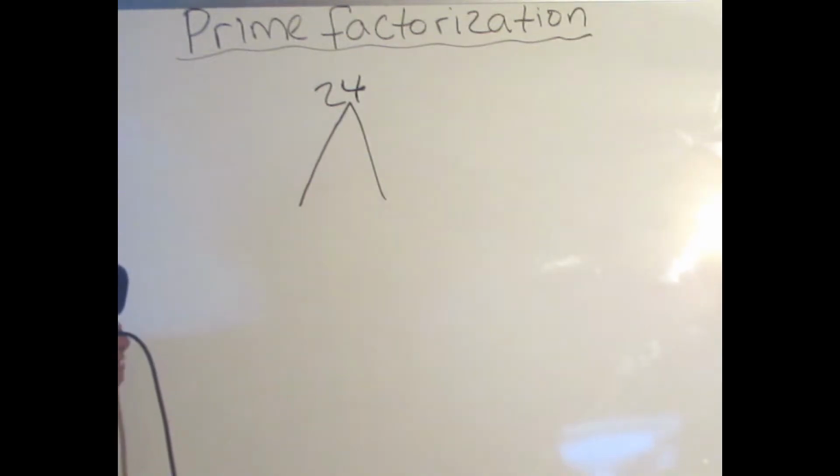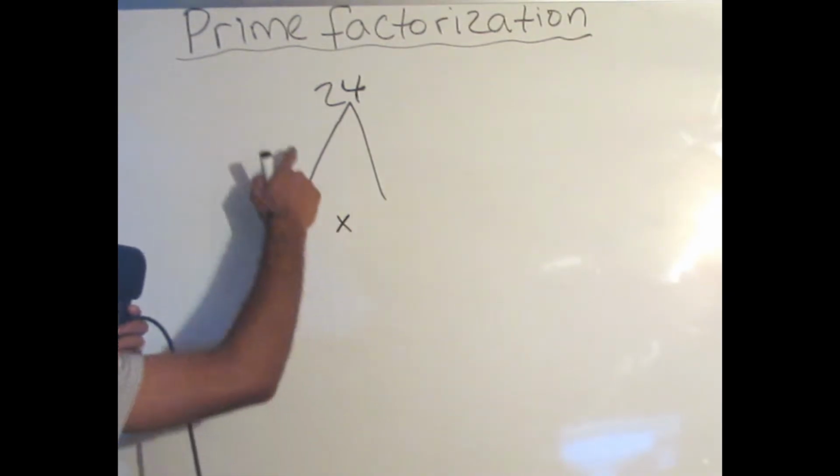Nothing that is a composite number, just the prime numbers. A prime number is a number that can only be divided by one and itself. A good example of a prime number is 7, because when I multiply, only 1 times 7 gives me 7. There's nothing else I can multiply to get 7, so we know that 7 is a prime number. So we want to find a prime factorization of 24.